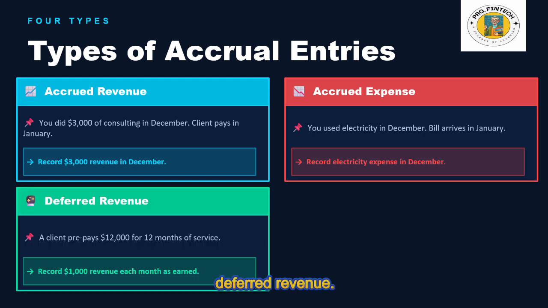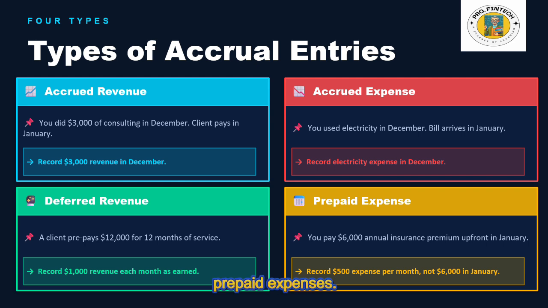Type 3, deferred revenue. This one's a bit counterintuitive. A client pays you $12,000 upfront for 12 months of a service. Even though the cash is sitting in your account, you haven't earned it yet. So you record $1,000 per month as you deliver the service, because that's when you earn it. Type 4, prepaid expenses.